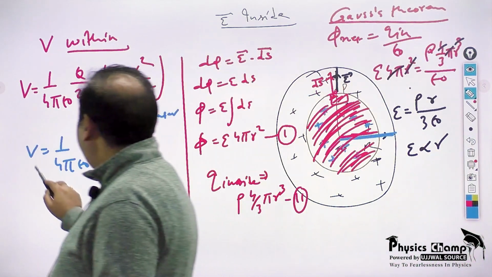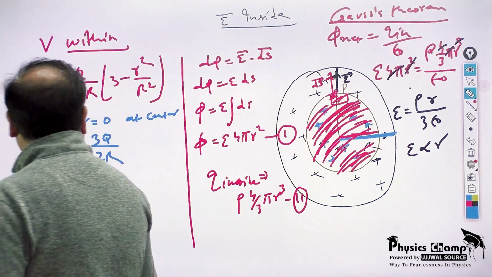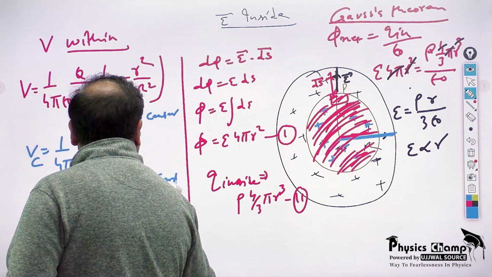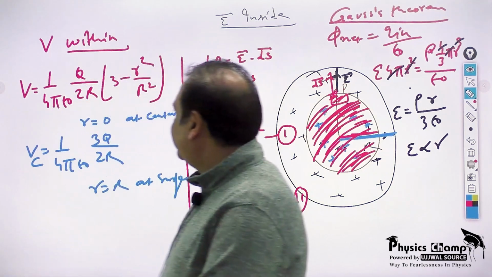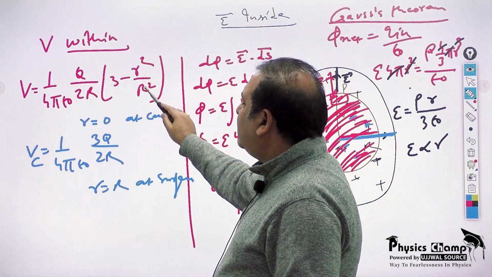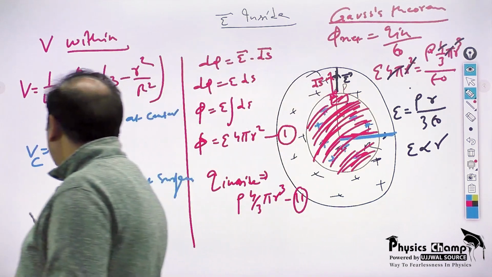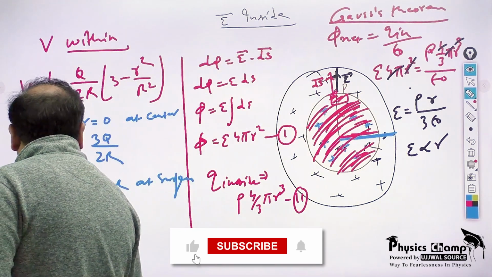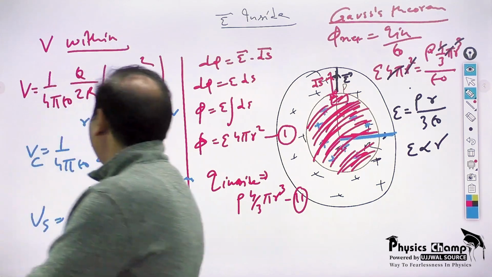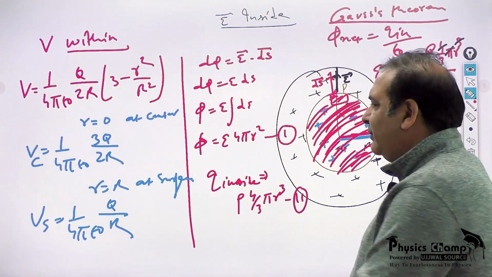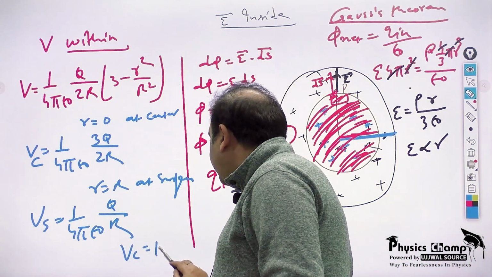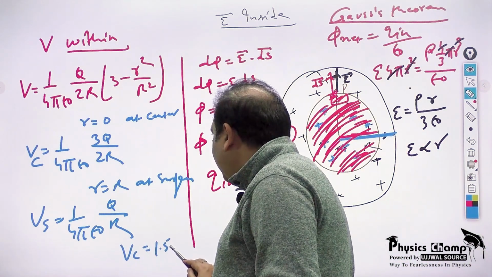This is at center. And for small r equal to capital R, this is at surface. At surface, capital R square by capital R square is 1. So the potential at surface will be 1 by 4 pi epsilon naught Q by R, that is 2Q by 2R. So can we say potential at center is 1.5 times the potential at surface?